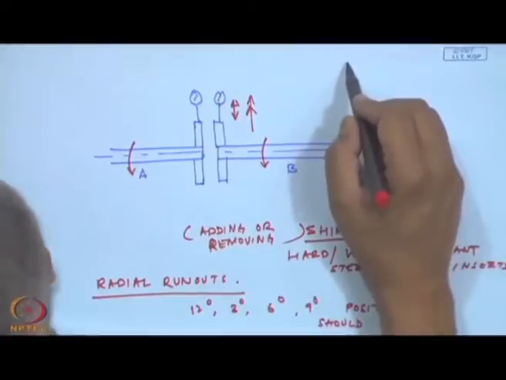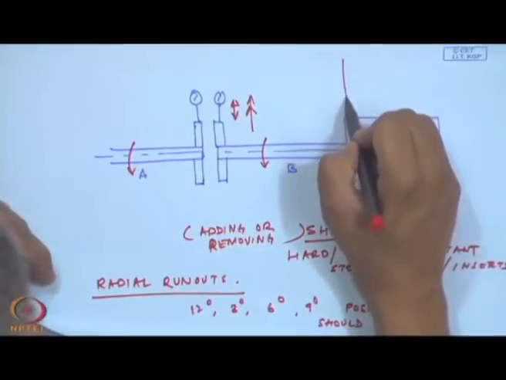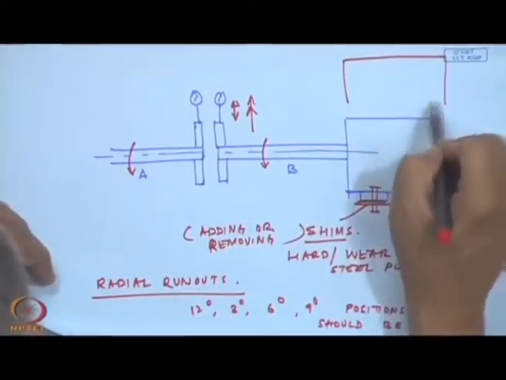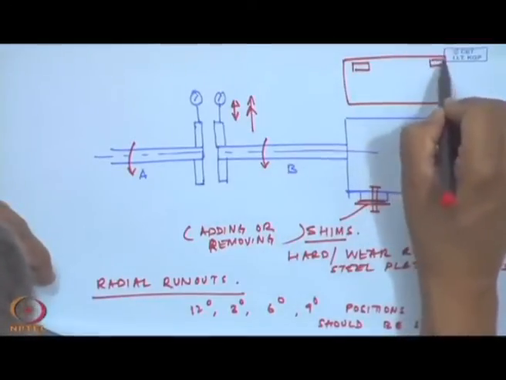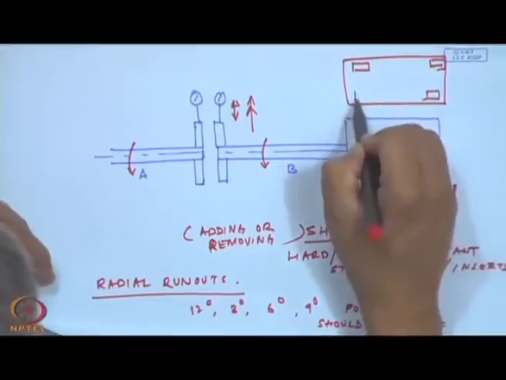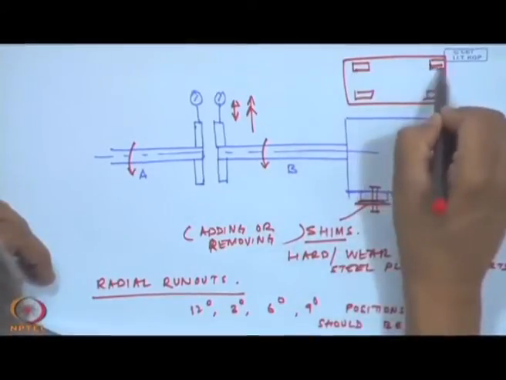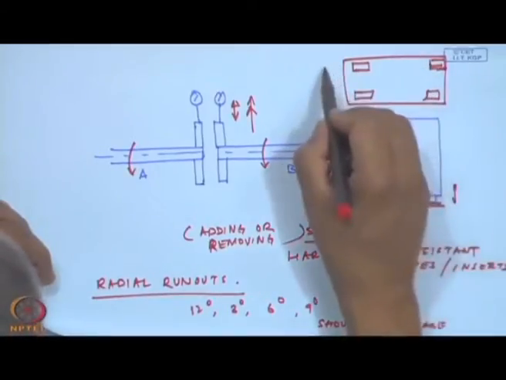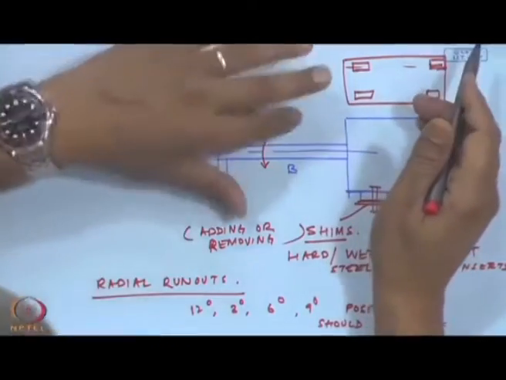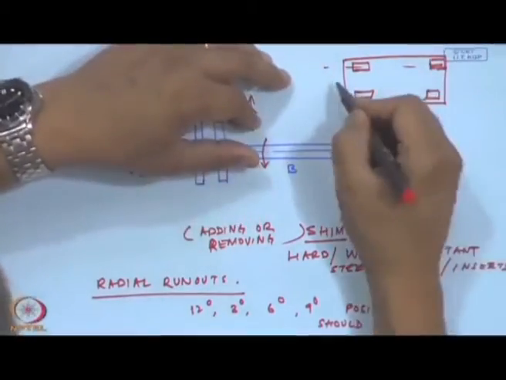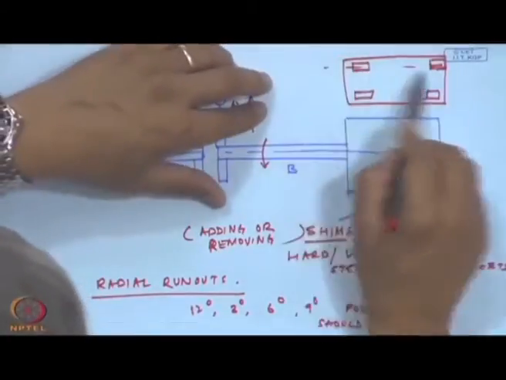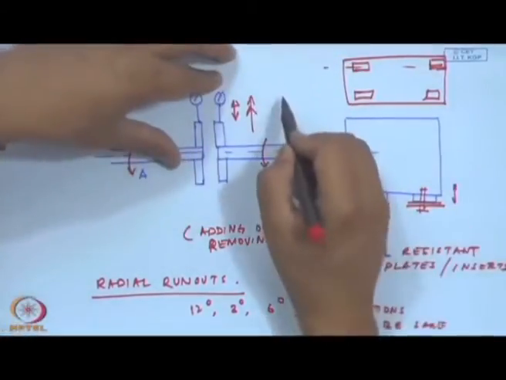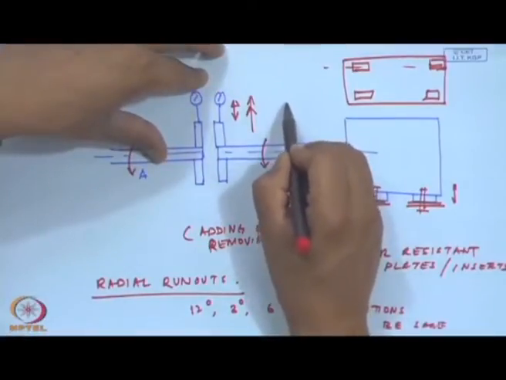Okay. For example, in the top view, I have shims here, I have shims here, I have shims here, I have shims here. If I add or remove in one plane, I can reduce the angular. You can understand, if this location is elevated compared to this, it will be having a rotation like this.